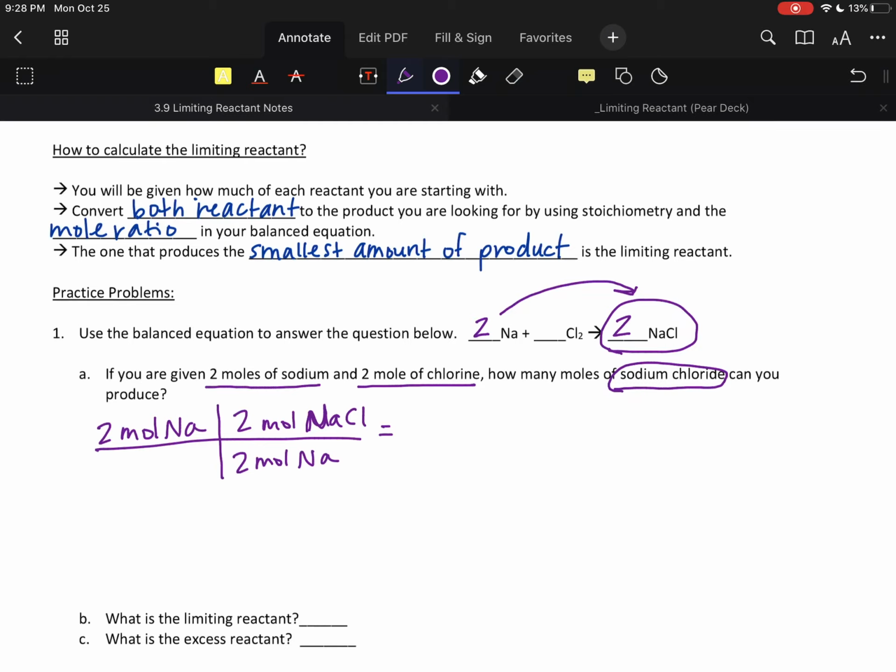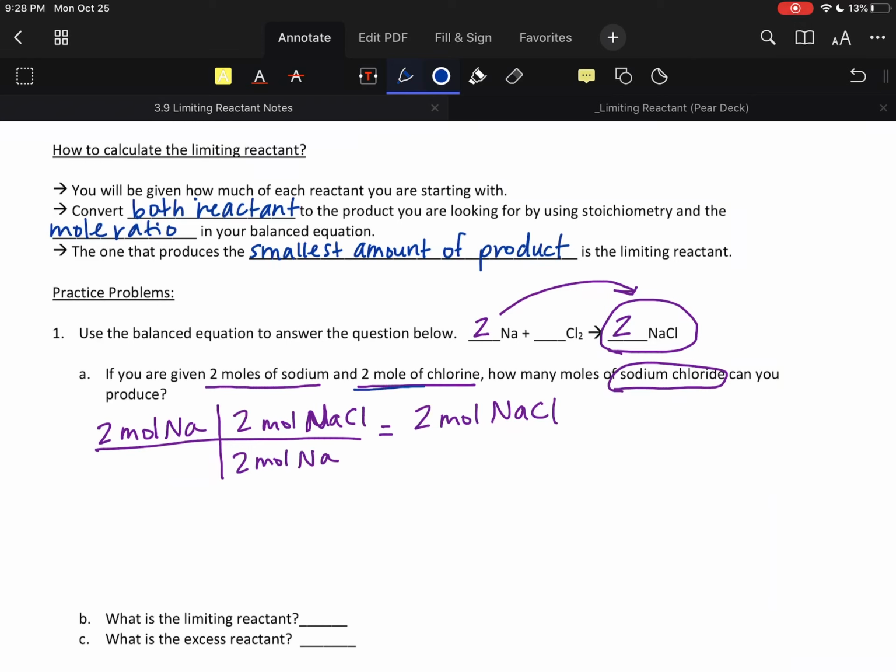Okay, luckily this makes for pretty easy math. 2 times 2 divided by 2 is just 2. So if I start with 2 moles of sodium, it says I can make 2 moles of sodium chloride, okay?